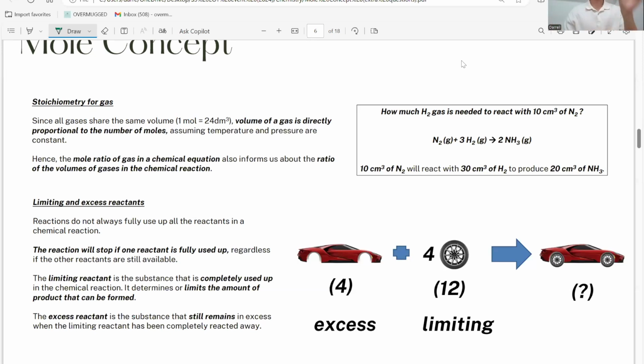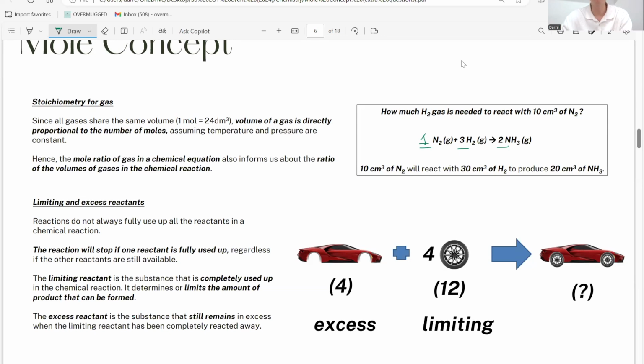Because for any gas, 1 mole is 24 dm cube. Mole and volume are directly proportional. Summary, what you need to learn here? Your mole ratio itself is your volume ratio. I repeat one more time. Your mole ratio is your volume ratio. Now, what do I mean? If you take a look at this equation over here, the mole ratio is 1, 3, 2.